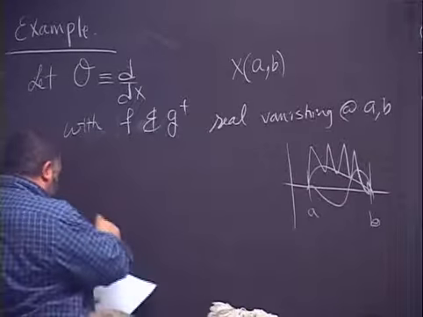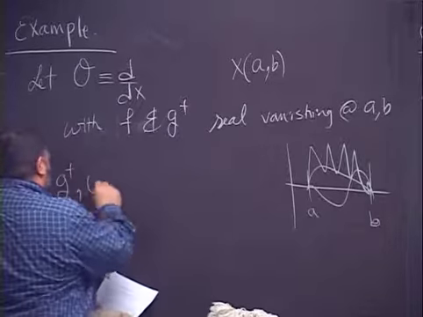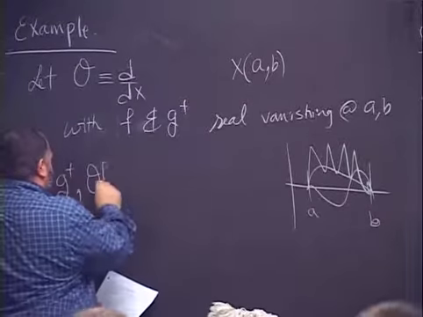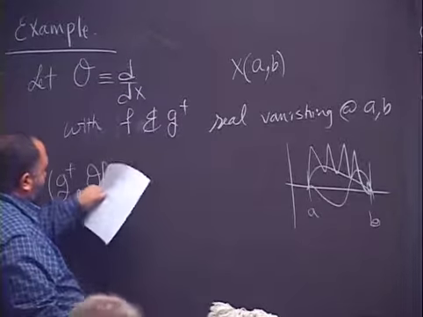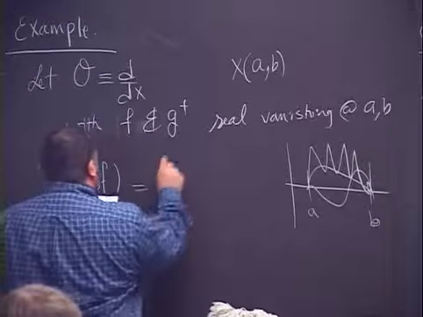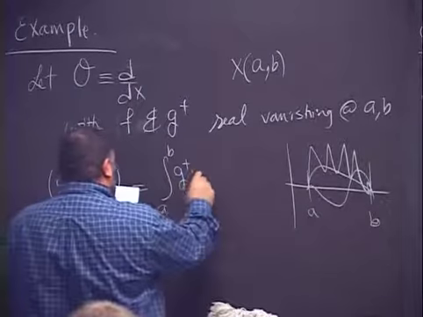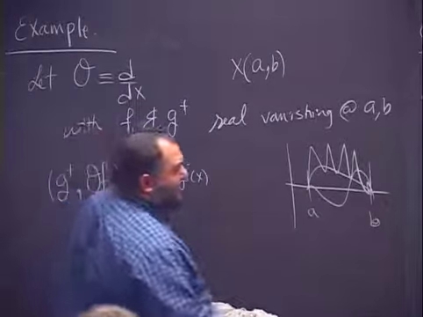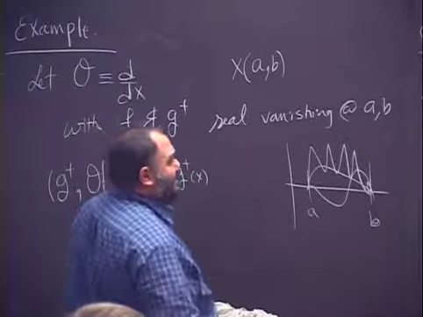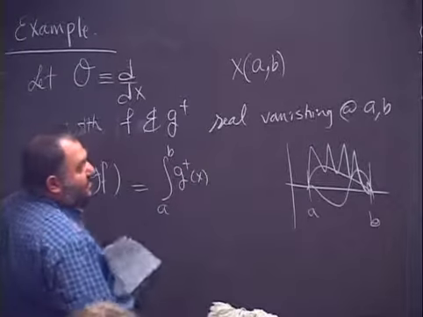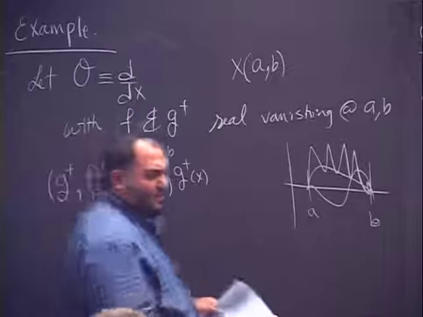So in this case, if you write the definition of the adjoint operator, you have the function g dagger in an inner product with the operator O operating over the function f, and this is given by what? Integral from A to B of g dagger of x multiplied by O. I think I defined it on the first page.